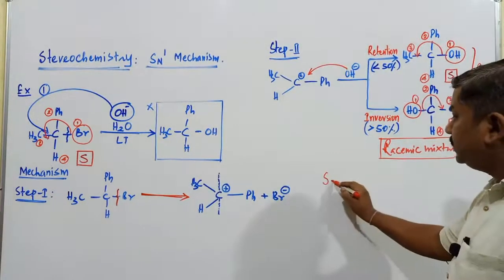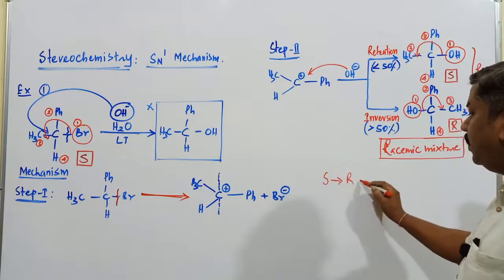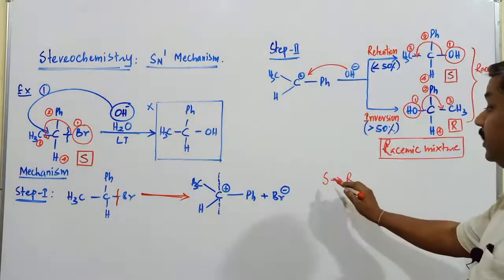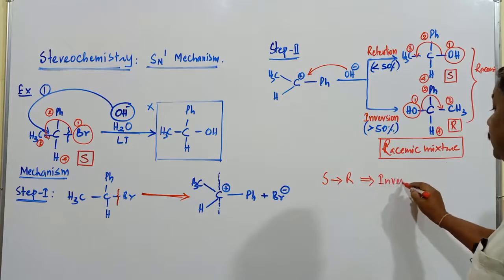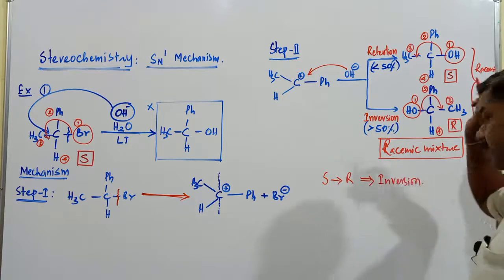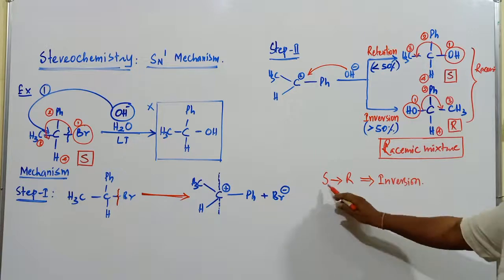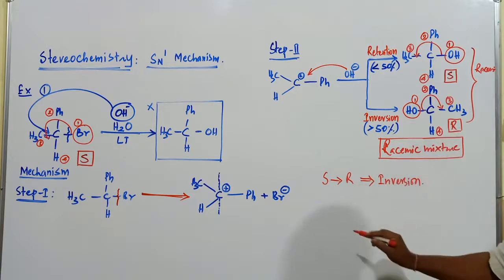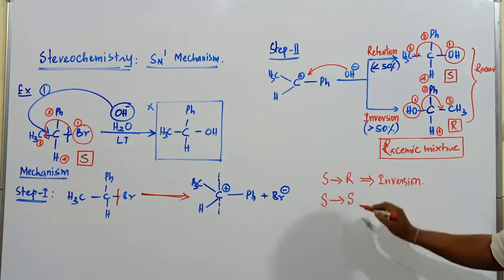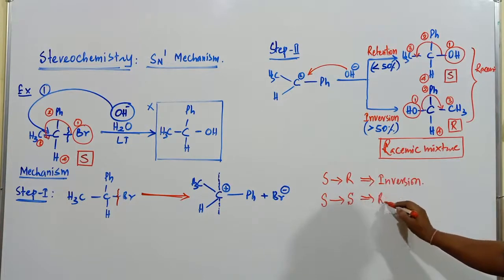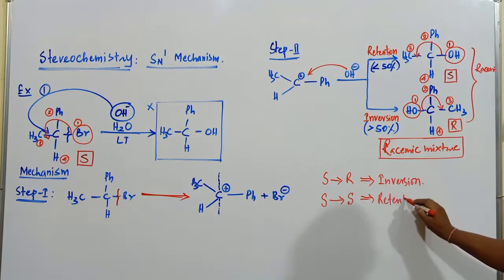Whenever S isomer gets converted into R isomer, it is commonly called inversion of configuration. Remember, S isomer converted into R isomer is called inversion of configuration. If S isomer converts again into S isomer, it is commonly called retention of configuration.